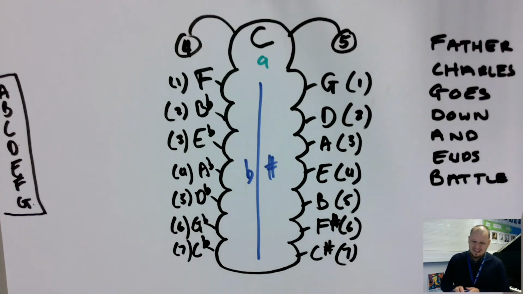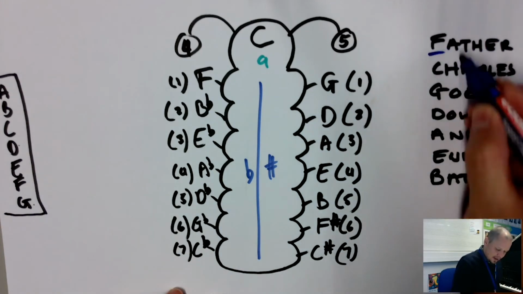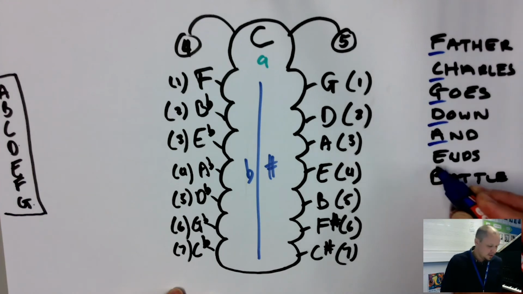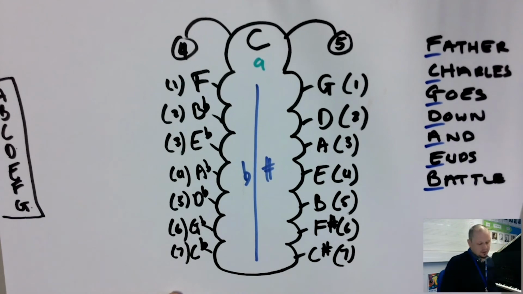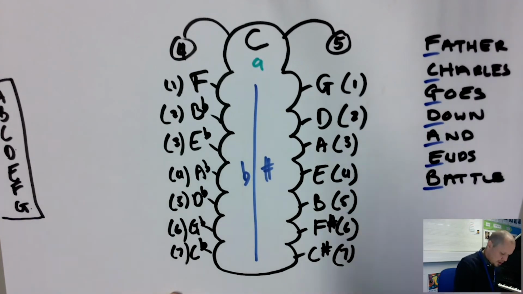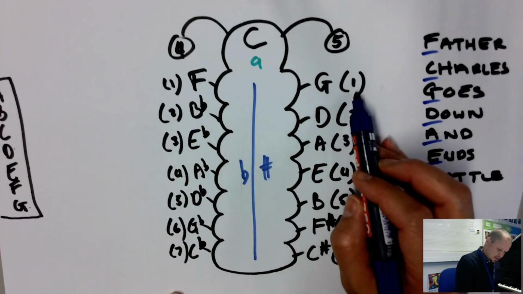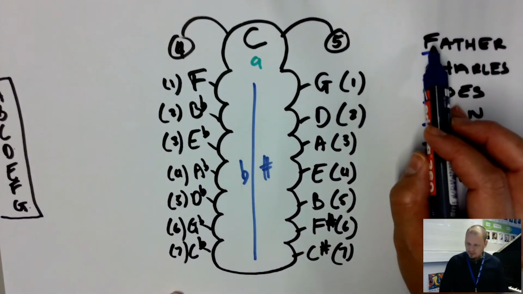And what that tells us is the order of the sharps. So F, C, G, D, A, E, and B are the order of the sharps. And how does that help us? Well, if we look at G major has 1 sharp. So therefore the sharp is F, Father.